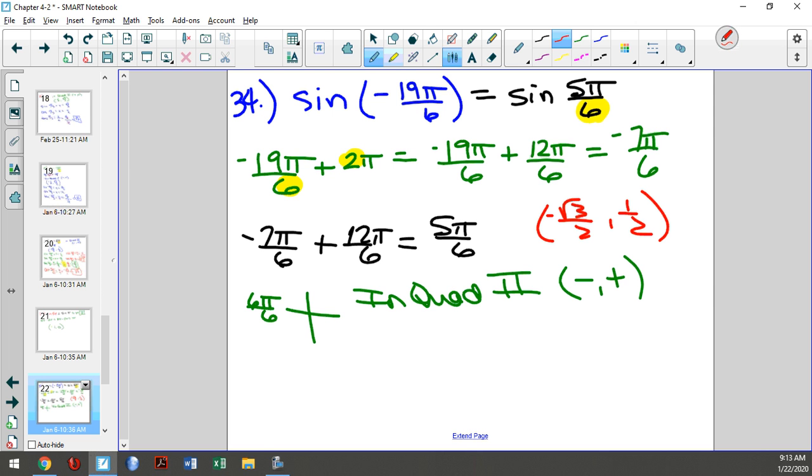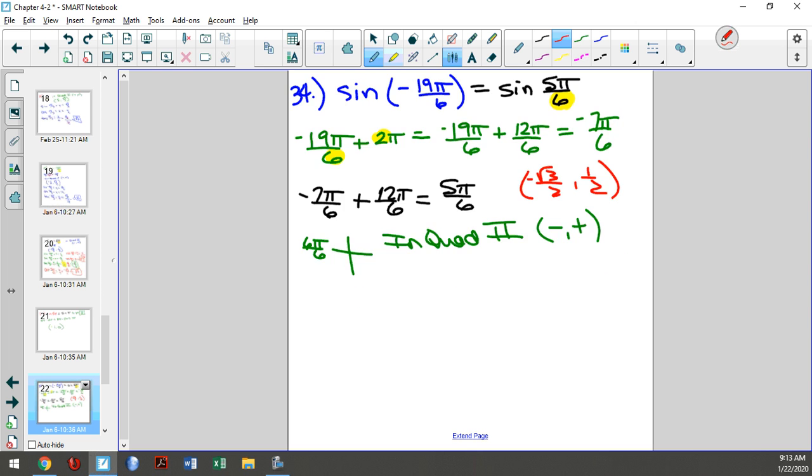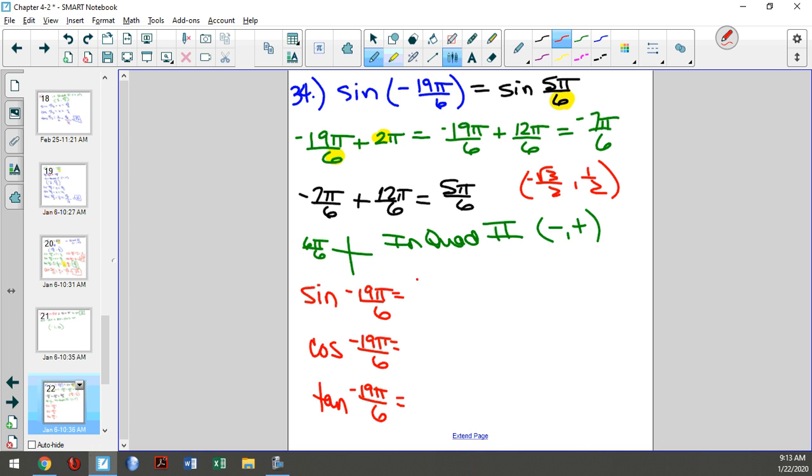So I need to go ahead and find my sine, cosine, and tangent. Sine of -19 pi over 6, cosine of -19 pi over 6, and tangent of -19 pi over 6. What is the sine? 1/2 is correct. What is the cosine?